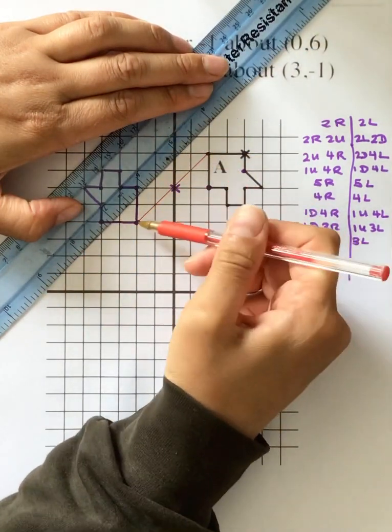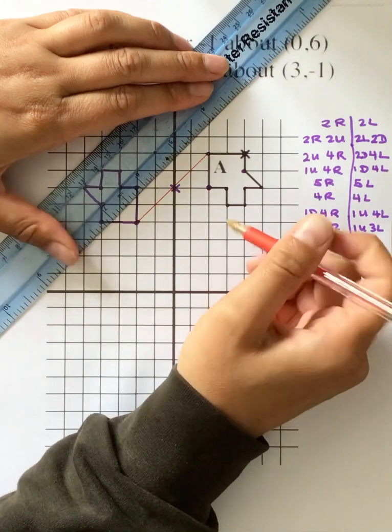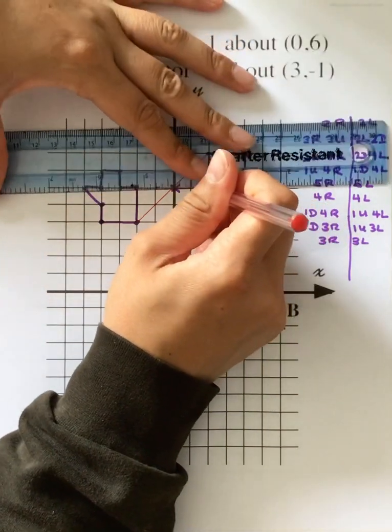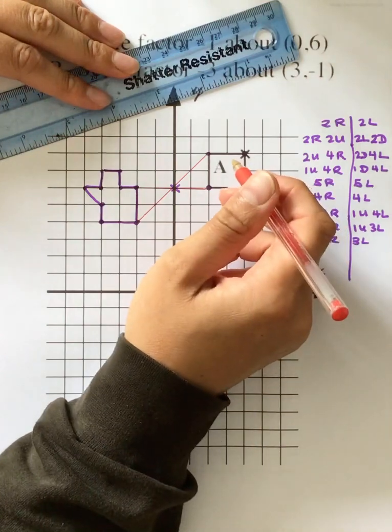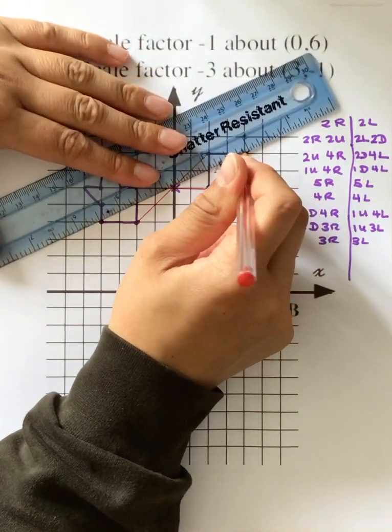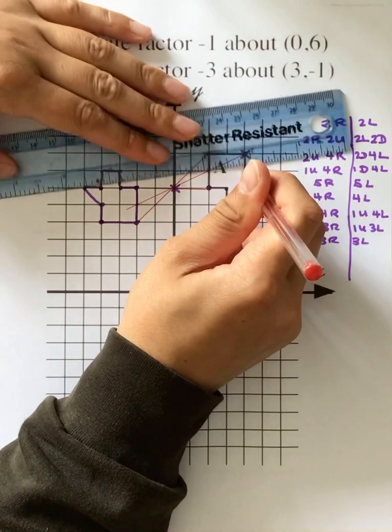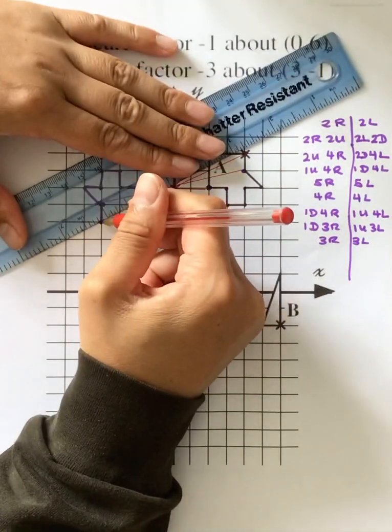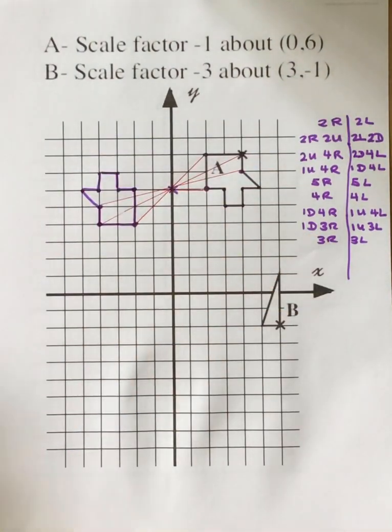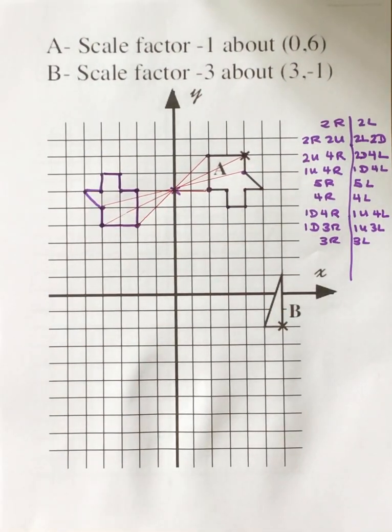So this corner matches to this corner and it lines up with the centre of enlargement. This corner matches to this corner and it lines up with my centre of enlargement. And all of them should line up. I'm not going to draw them all in, but I can see they're all going to line up with my centre of enlargement. So you can draw those lines in to test.